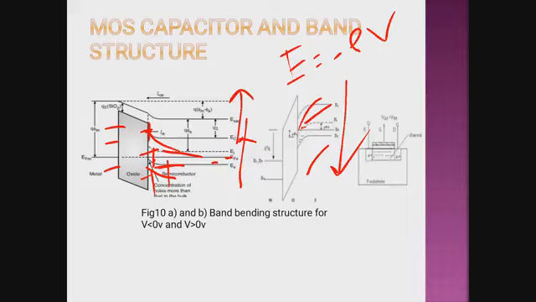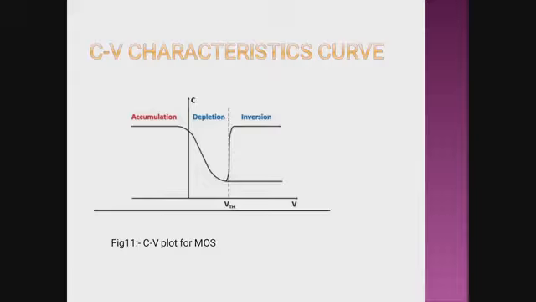So there is less positive charge and less negative charge. So this is the band bending structure of the MOS capacitor in two cases, when V is less than 0 volt and V is greater than 0 volt.